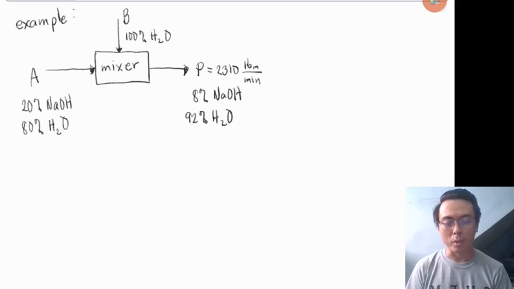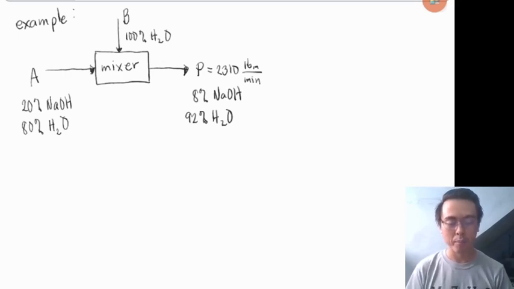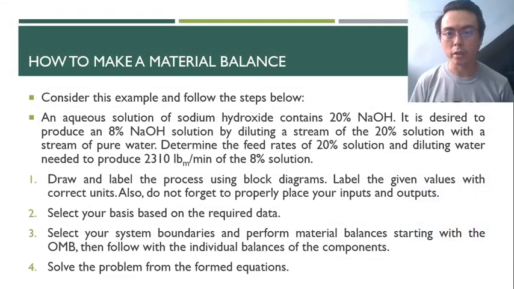For you to be able to solve a problem efficiently, you have to learn how to properly write a diagram. If you have some errors in your diagram, then almost always you would also have errors in your final answer. So always check if you have the right diagram. Okay, let's go back to the problem and take a look at what are the required.